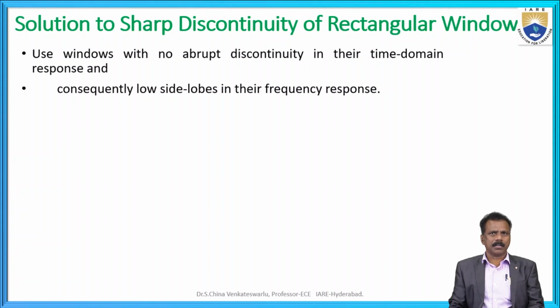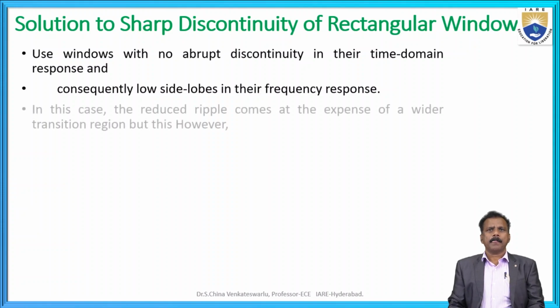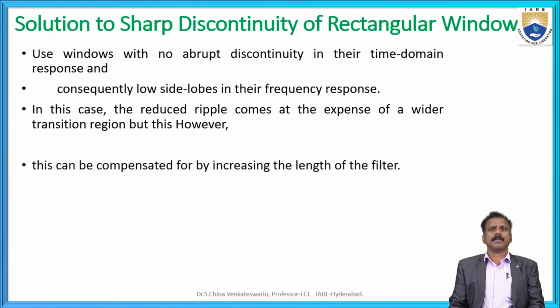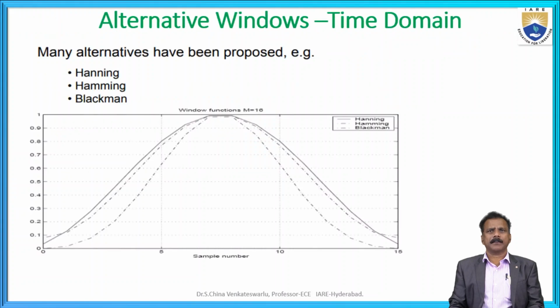In this case, the reduced ripple comes at the expense of a wider transition region, but this can be compensated for by increasing the length of the filter.